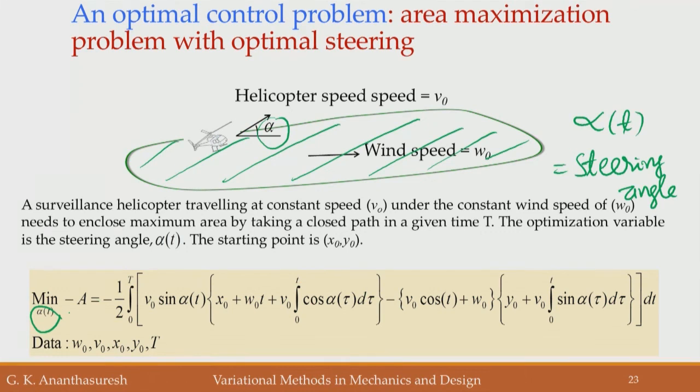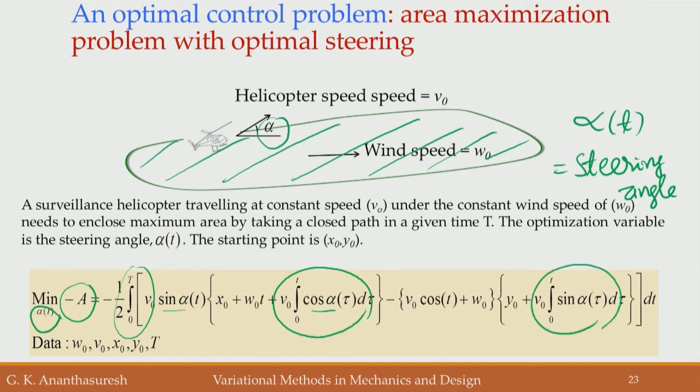The area, again we want to maximize that area. So, we minimize the negative of the area, and that area expression is like this. So, there is sin alpha t, cosine alpha t, and there is an integral within this bigger integral. There is one integral here, right, overall, within that there is another integral. And then one more here.